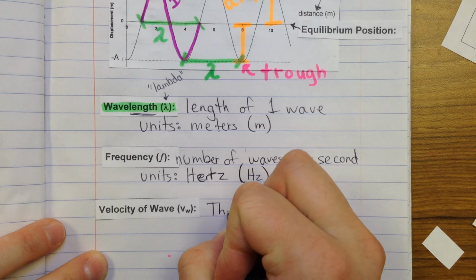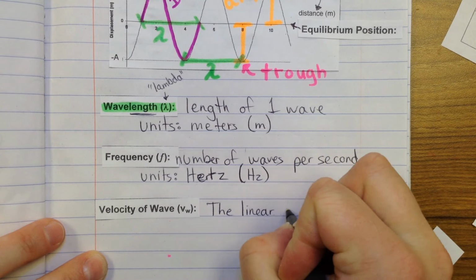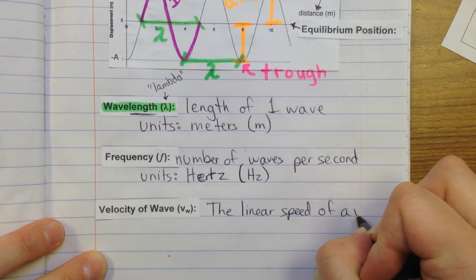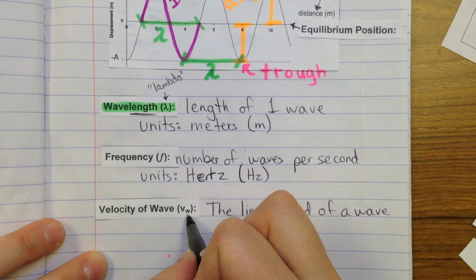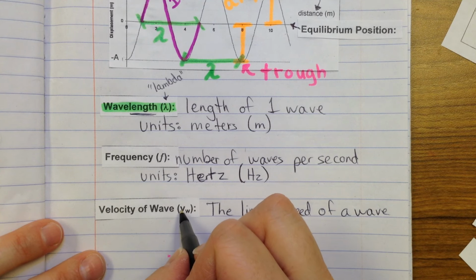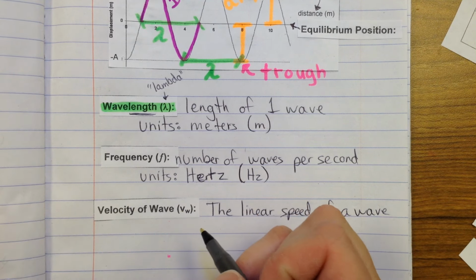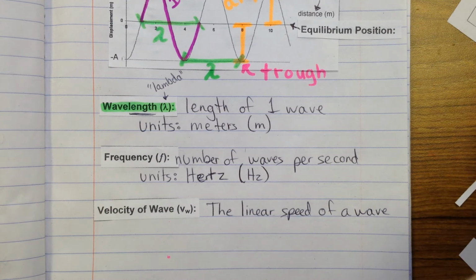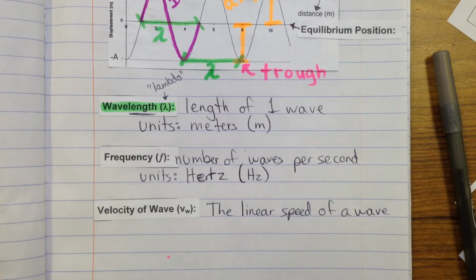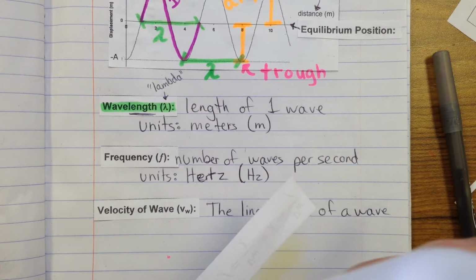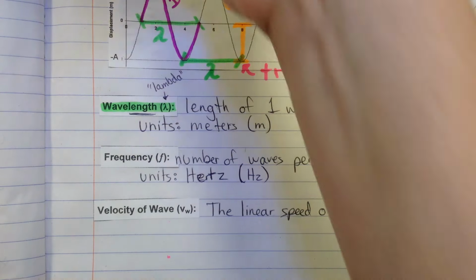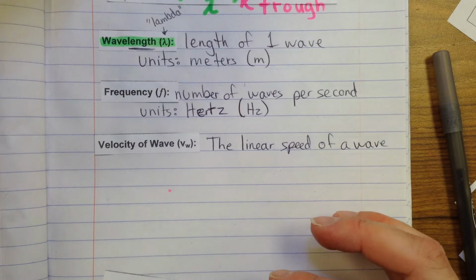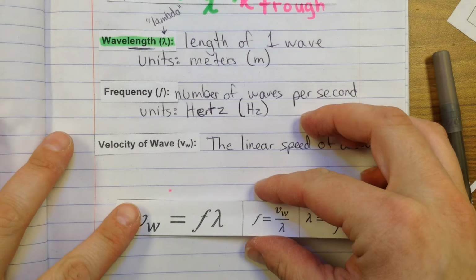So this is the linear speed of a wave. Notice they put the little W on there, so you know that we're talking about the velocity of a wave, not just the velocity of anything. Because it has its own formula, we have to give it a slightly different variable because it's not the exact same formula. And here is the formula for the velocity of a wave.